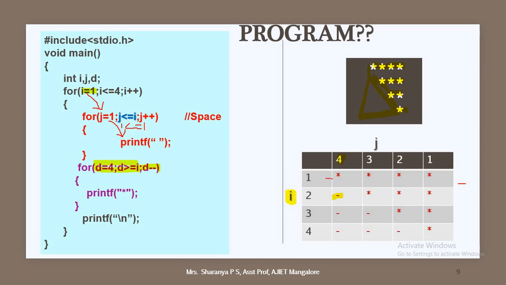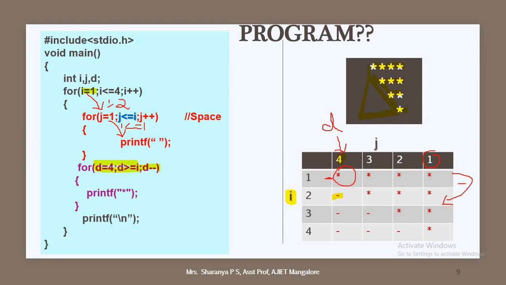Initially it will print the space here. Next it will be printing the fourth location. D will be pointing to this particular location. We have started printing D from this, and D will run till I, that is I equal to 1. So first star will be printed, next third and fourth star, and then it will be moving to the next line. This is the first iteration.